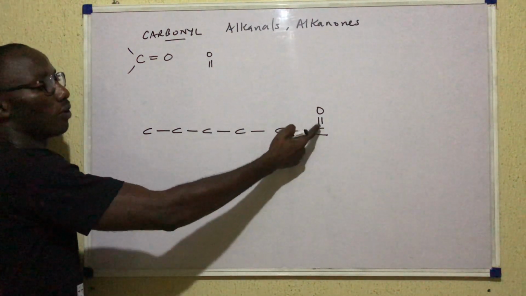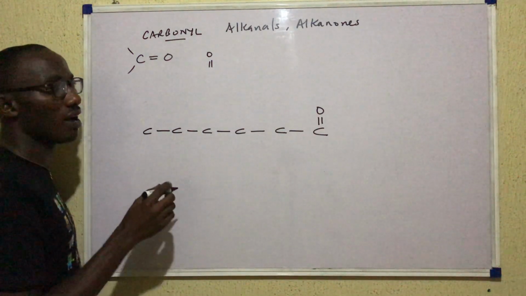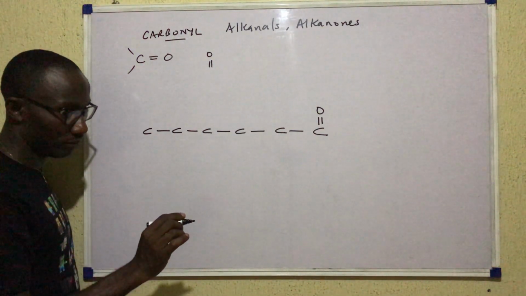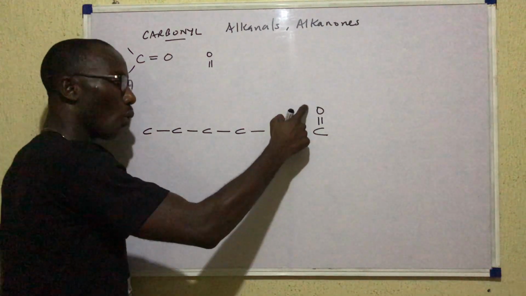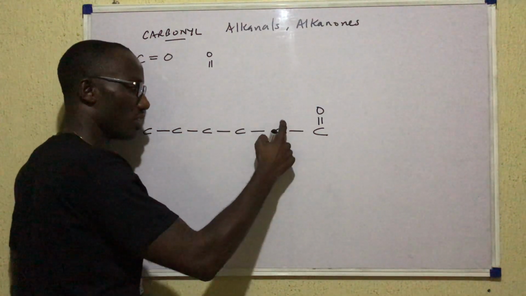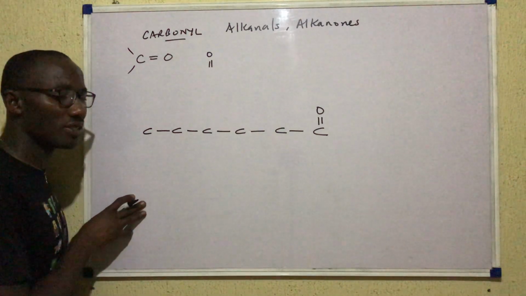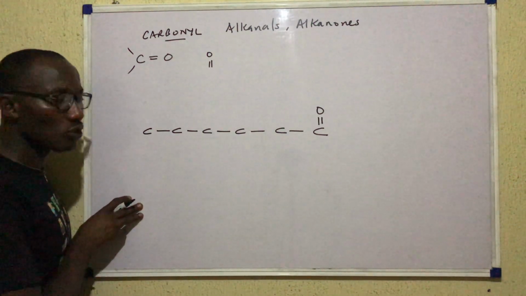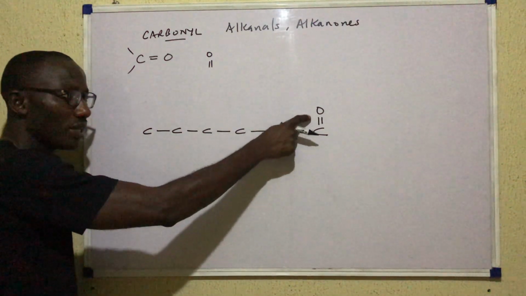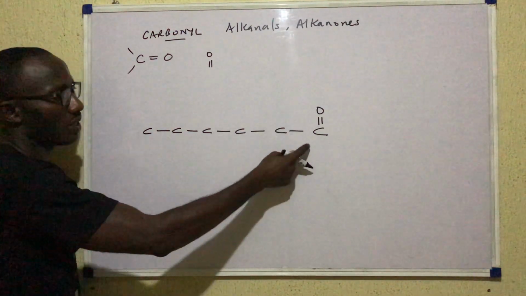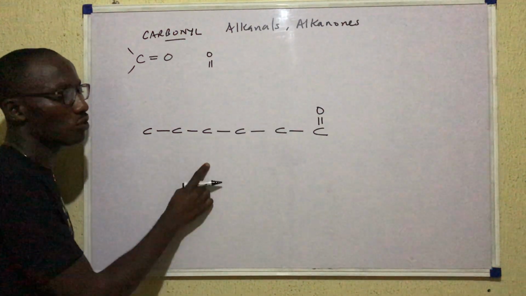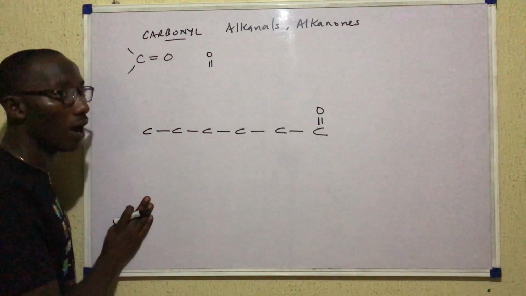Now, when your double bond O is on any of them, what you have is an alkanal. But if your double bond O is on any of these, we say what you have is an alkanone. So the position of the double bond and the O, oxygen rather, is what determines whether this will be called an alkanal or an alkanone.